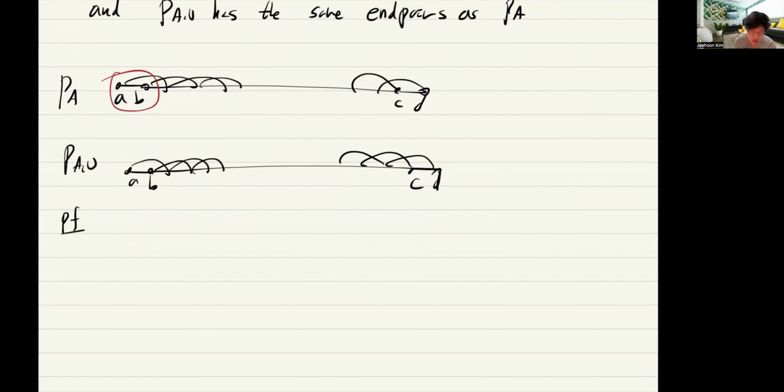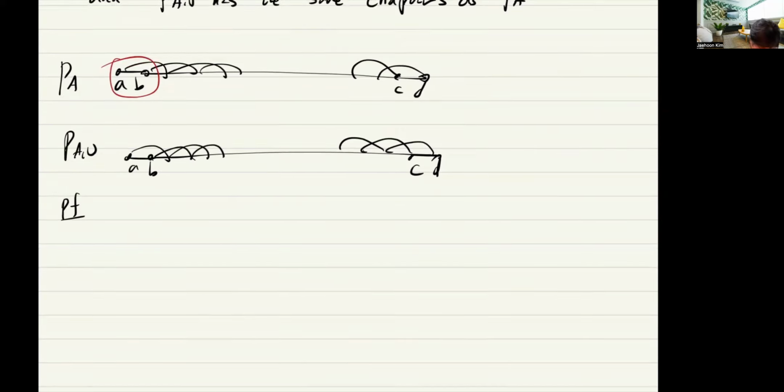Okay, and in order to prove this, we will proceed similarly to the approximate Dirac theorem proof that I explained in the previous video. First, we analyze how we can absorb one vertex.